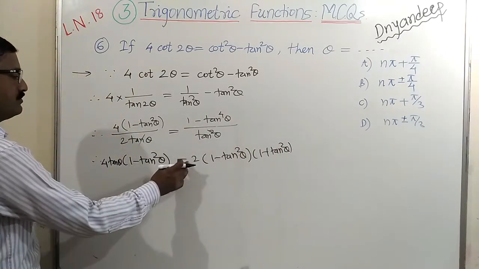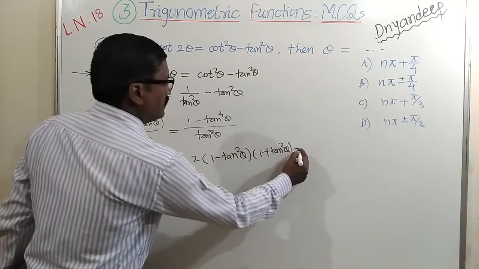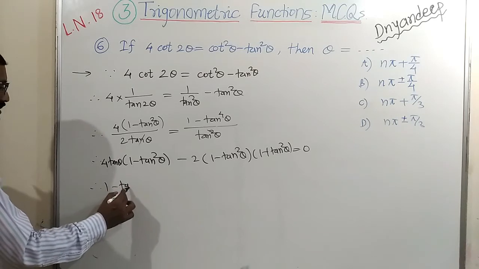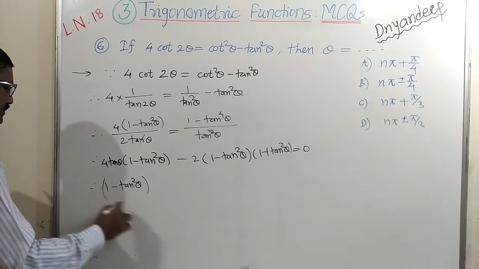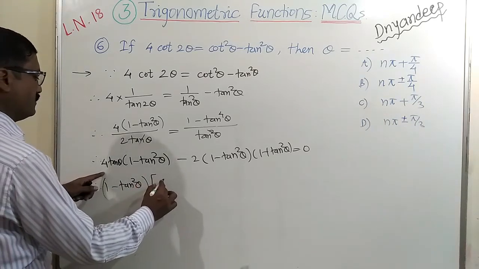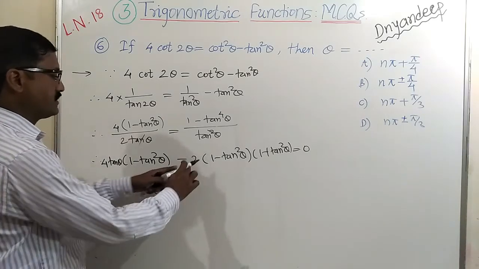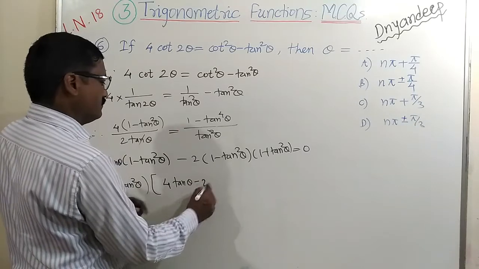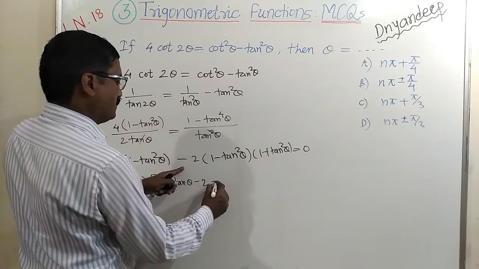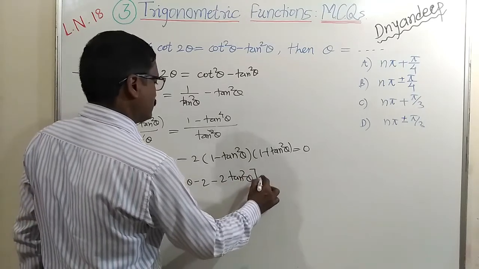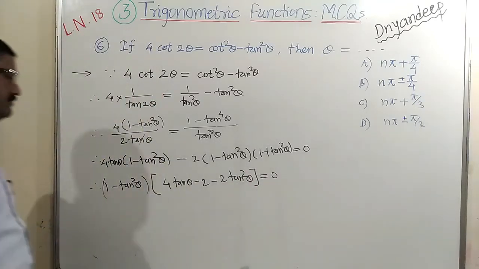Now take this whole term to the left, so it becomes negative, is equal to 0. Now taking common 1 minus tan square theta, in bracket remains 4 tan theta minus 2 minus 2 tan square theta is equal to 0.